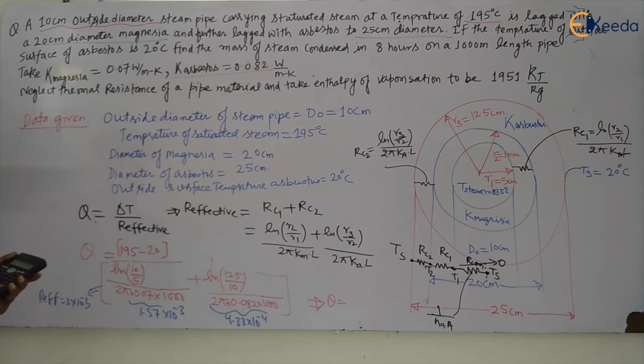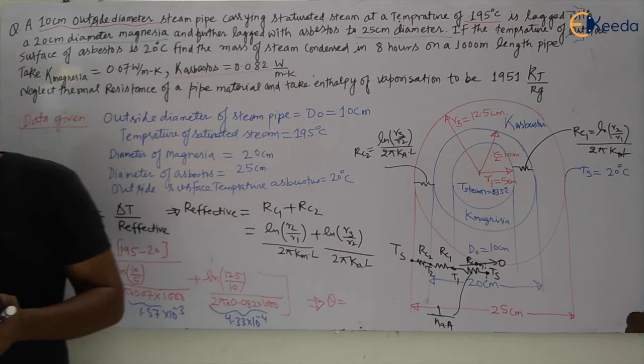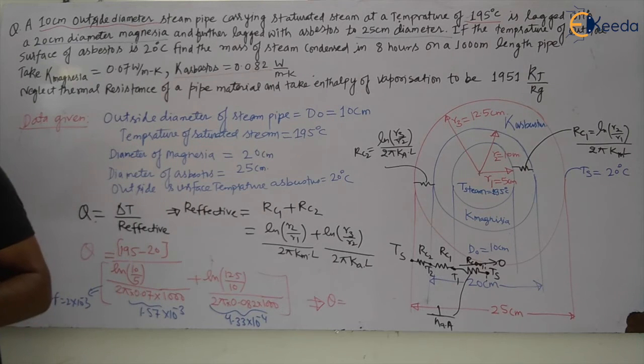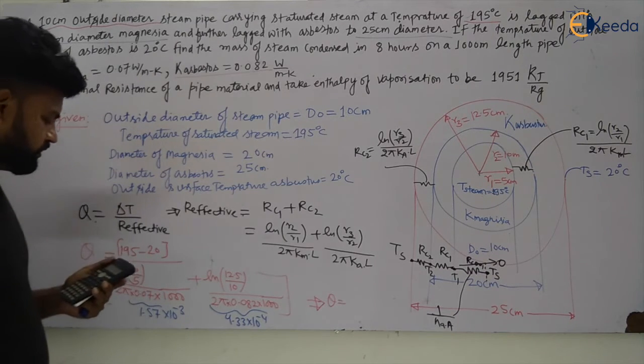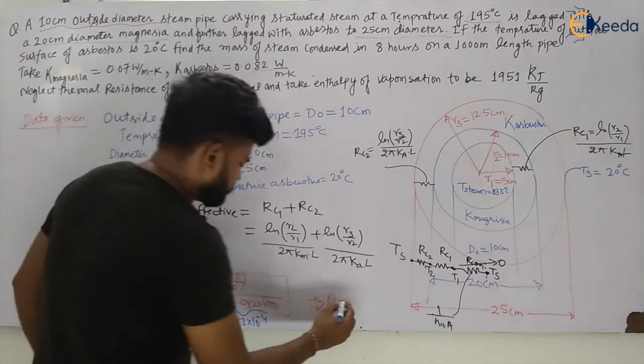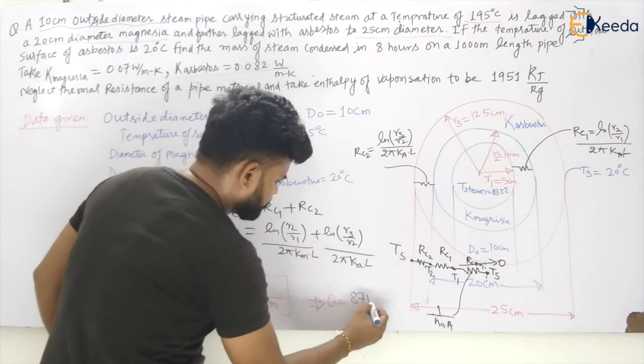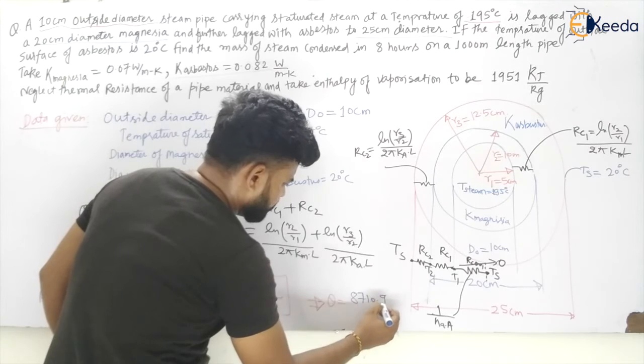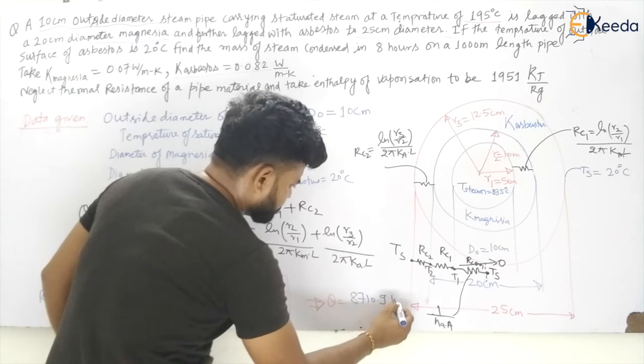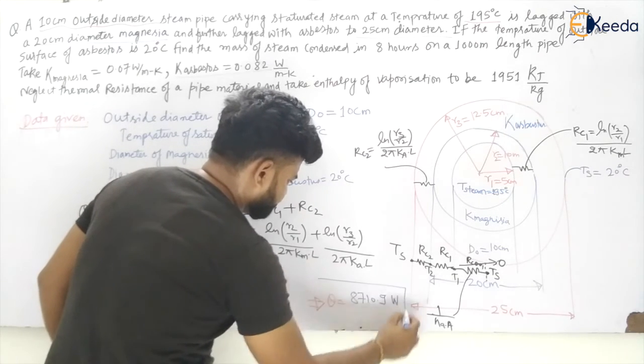So what will be Q? This will be nothing but 195 minus 20 divided by the answer. So this will be 87109. So this will be how much, my dear student? 87110.9. So 8710.9 will be your heat transfer, that is watt, in watt.